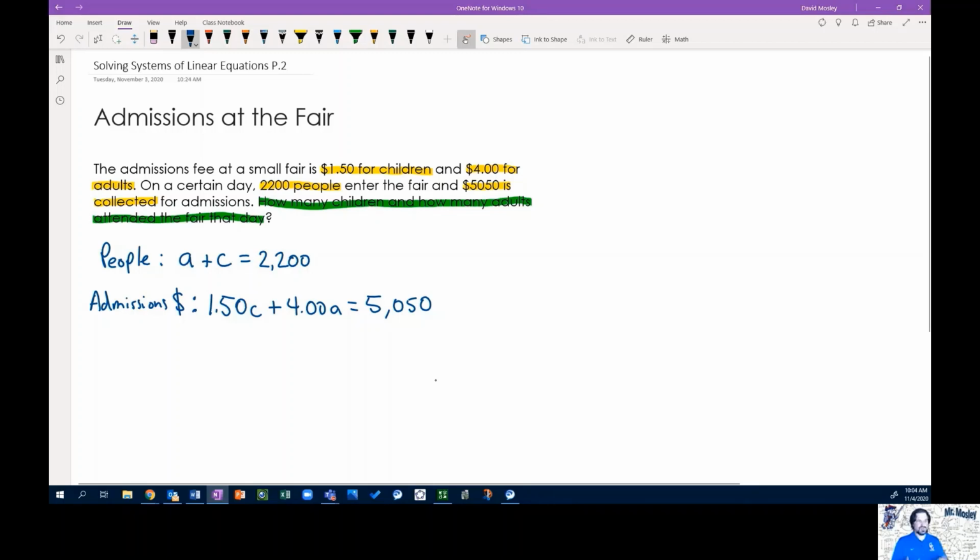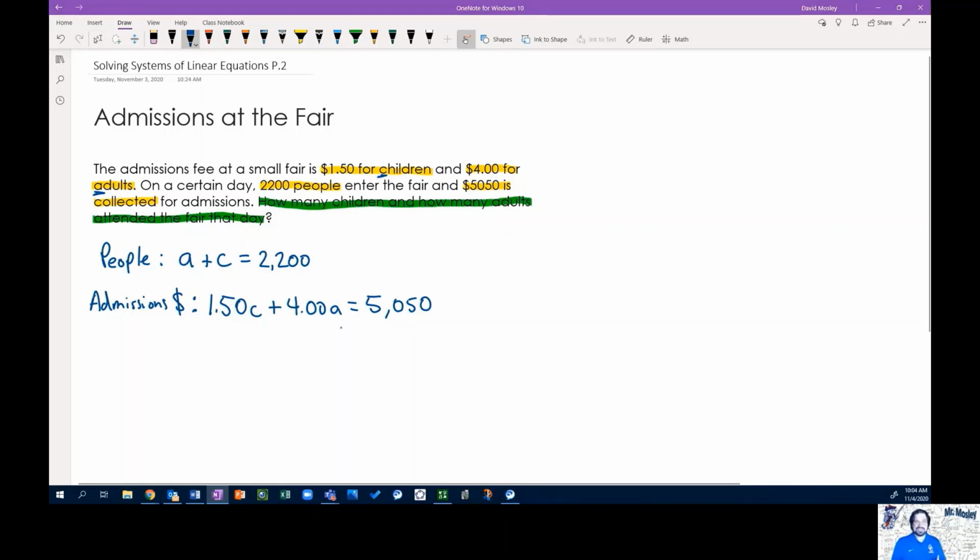So we have these two equations set up. A plus C equals 2,200, where we're using C for children and A for adults. That's the number of people, and we also know how much money was made by those admissions: 5,050, at $1.50 per kid and $4 per adult.